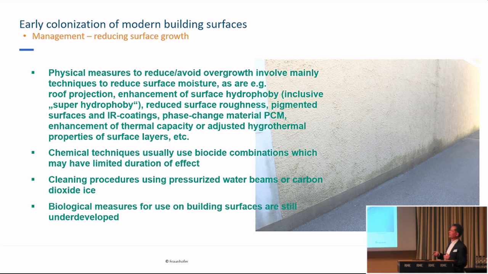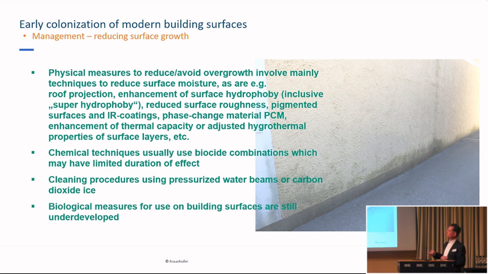So you can have greater roof projection, you can enhance the surface hydrophoby, also with a technique called superhydrophoby, which includes the so-called lotus effect. You can make the surface smoother so that the water runs off, and you can use pigmented surfaces because they take up more irradiation and transform it to heat, so the surface will dry more easily.